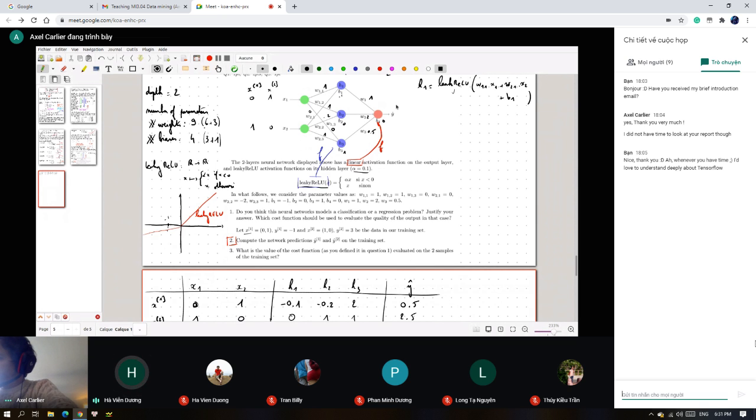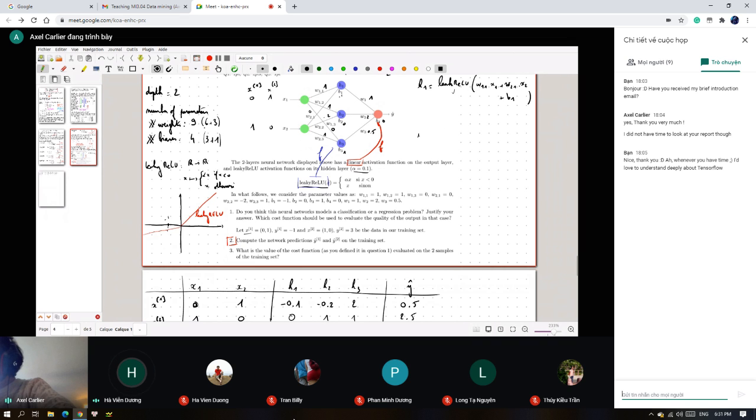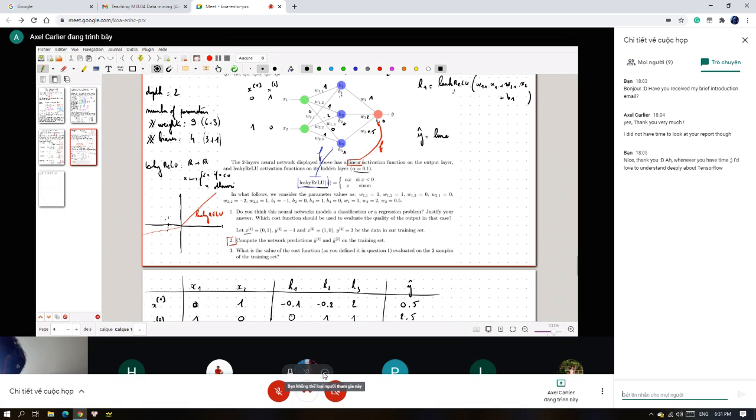Y hat equals linear of h1 multiplied by w1 plus h2 w2 plus h3 w3 plus b4.